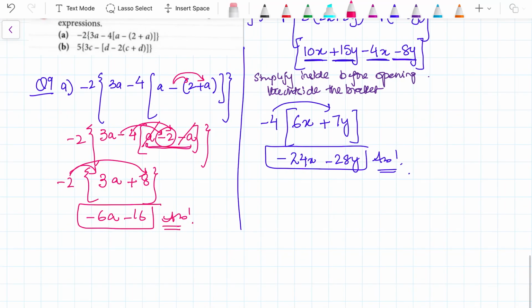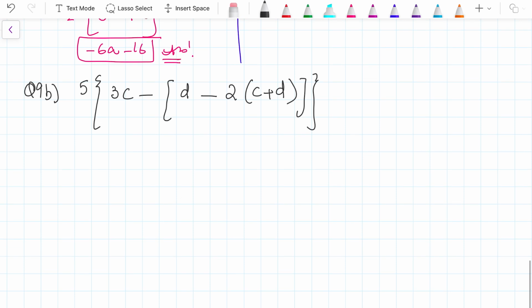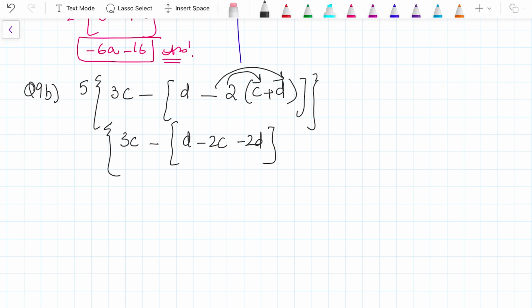Question number 9b. 5, minus 2c minus 2d. The rest I copy down as it is. Now simplify. Minus d minus 2c.